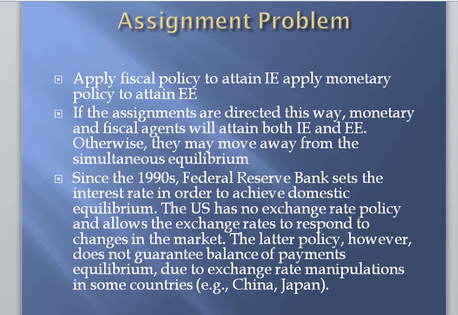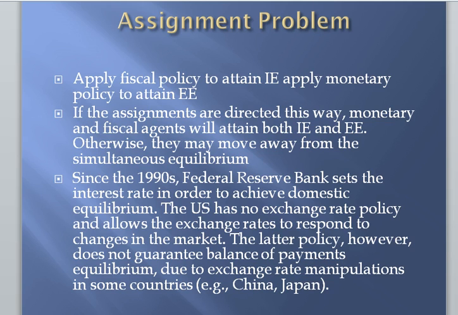If the assignments are directed in this way, monetary and fiscal agents will attain both balances, internal and external. Otherwise, they may move away from the simultaneous equilibrium. That we already saw at the simultaneous equilibrium point. Okay.